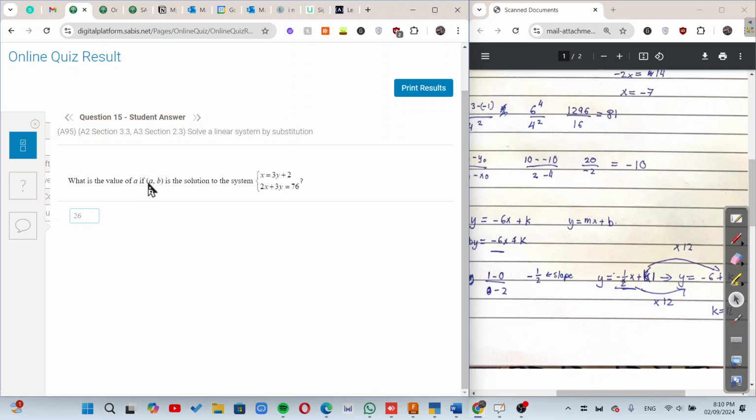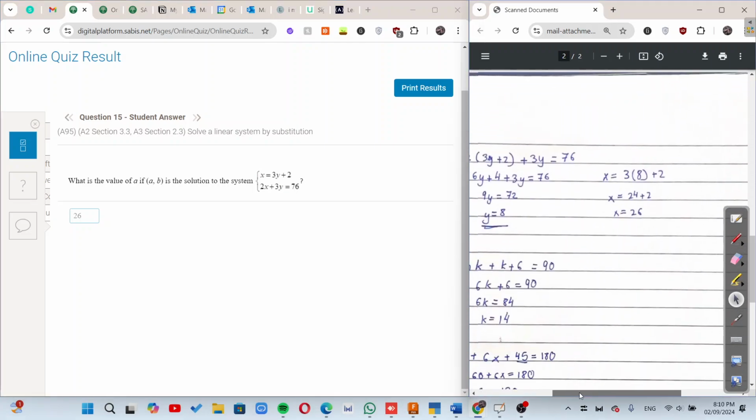What is the value of a? Be careful what they ask for. They asked you for the value of a, which is the x in this case. The solution of the system is x equals 3y plus 2. Here you don't need to rewrite the equation in terms of x because it was already given here at the top.